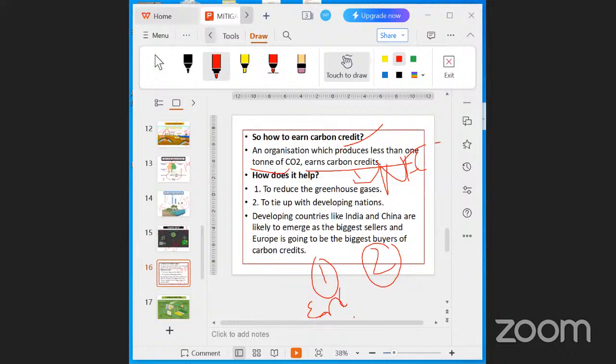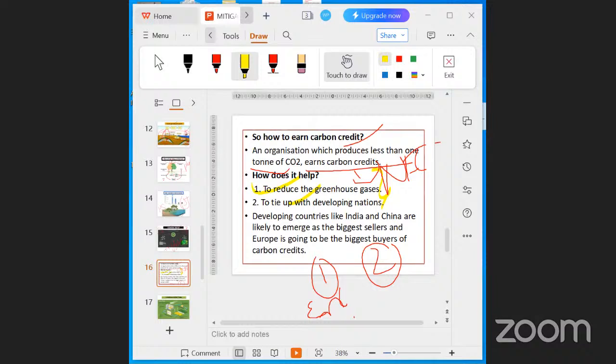The first one is to reduce the greenhouse gases and also to tie up with developing nations, right? So developed nations can share knowledge and the carbon credits.